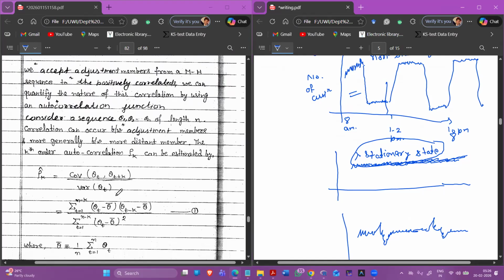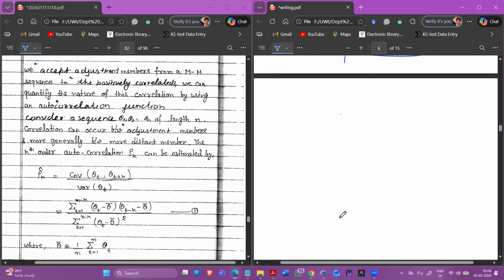Why are we taking theta t plus k, and not theta t plus 1? Here two things are there. If I am generating a chain theta 1, theta 2, up to theta k plus 1, and so on up to theta n, I have these observations.